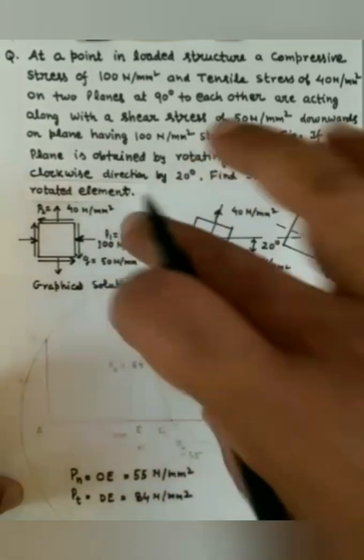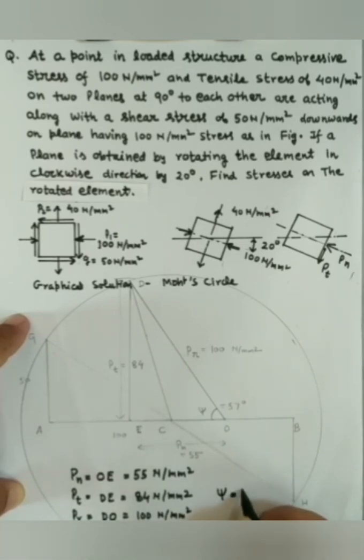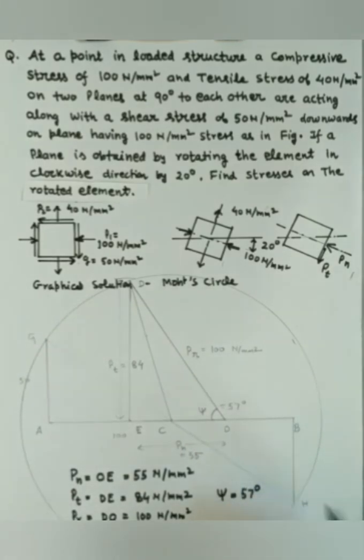Since it is above the x-axis, it is negative on Mohr's diagram, and PR is equal to DO is equal to 100 Newton per mm square, and the angle psi is 57 degrees, and it is positive since it is measured anti-clockwise.